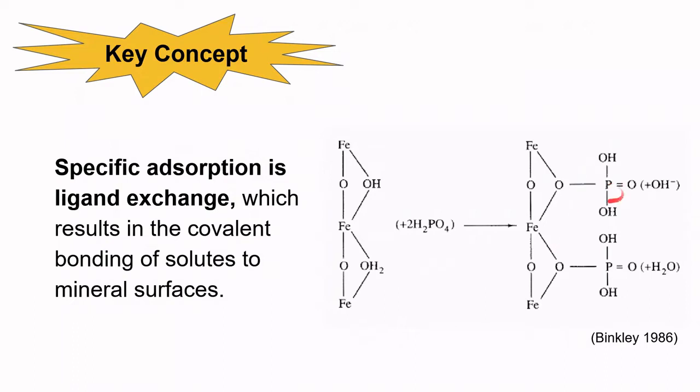But the fact that this is phosphate means that this phosphate can't further bond with more irons and oxygens. So this phosphate essentially terminates the iron crystal by sorbing to its side. This is the mechanism of specific adsorption, by which an inner sphere complex is formed between, in this case, an oxyanion, phosphate, and a mineral surface via a covalent bond.